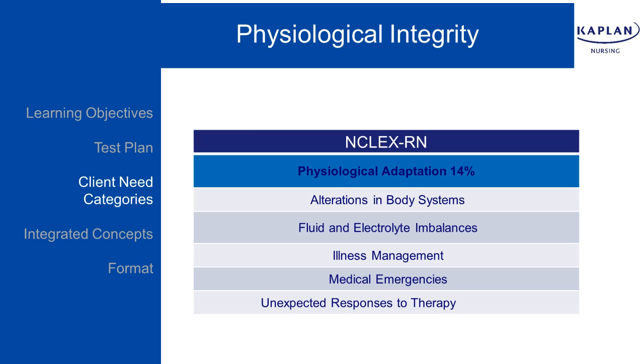The last area is physiological adaptation. 14% of the questions that you are offered on your exam will come from physiological adaptation, and it's the third biggest category. Topics in this include alterations in body systems, fluid and electrolyte imbalances, illness management, medical emergencies, and unexpected responses to therapies.